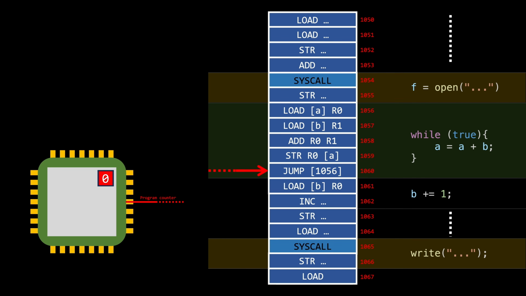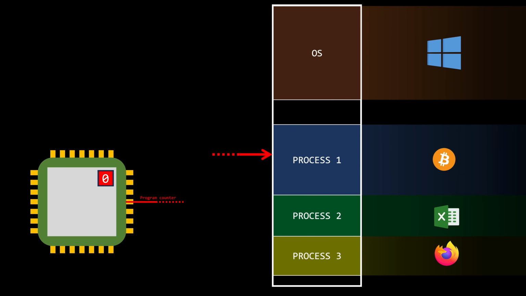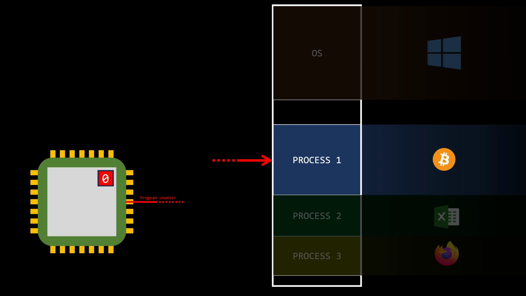The CPU will remain stuck executing the loop indefinitely. If a process, intentionally or unintentionally, avoids using system calls, the CPU will never return control to the operating system, effectively starving all other processes. Once again, software alone cannot solve this problem. Hardware support is necessary.